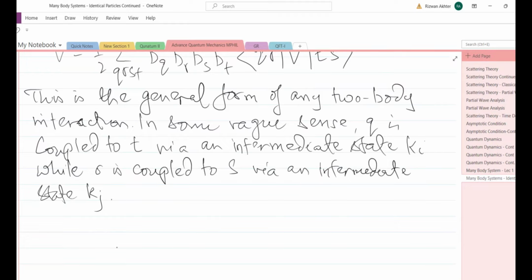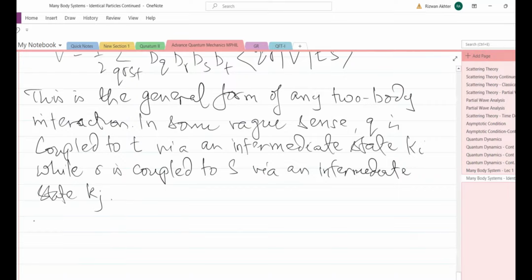And so by symmetry, Vij, the interaction potential we wrote above, is same as Vji. And that's how, in fact, the matrix elements are also interpreted as well. So this is something which is important.